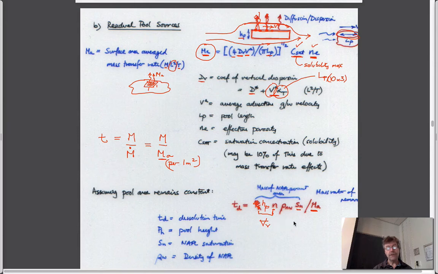The volume of the void space multiplied through by its saturation is the volume which is the NAPL. So this is V NAPL per meter squared pool area. And if you multiply the volume of the NAPL times the density of the NAPL, you get the mass of NAPL.